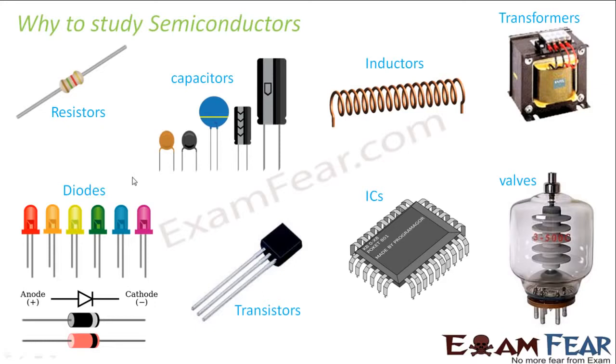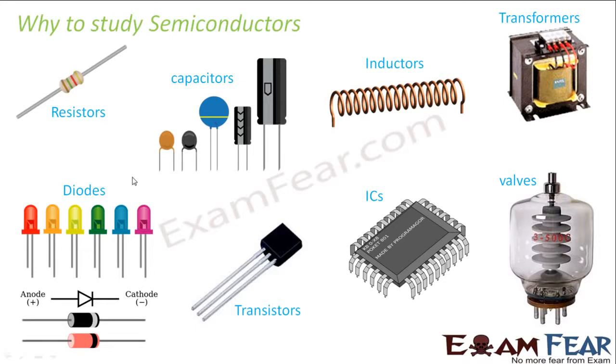So what are these? These are nothing but applications of semiconductors. Semiconductors are a group of substances which have some unique characteristics of their own and which can be made useful in various electronic applications. And that is why, since the concept of semiconductor is very vast, we study semiconductors almost as a different branch of physics.